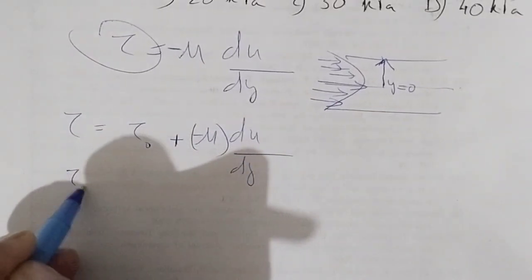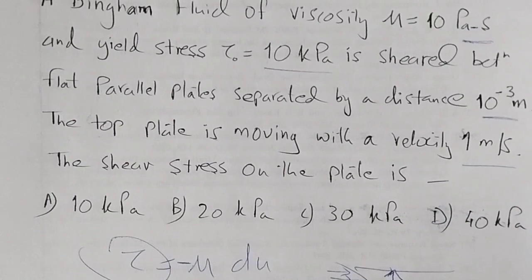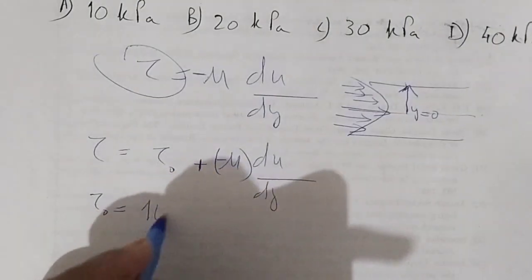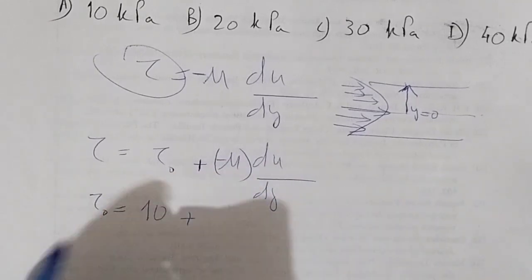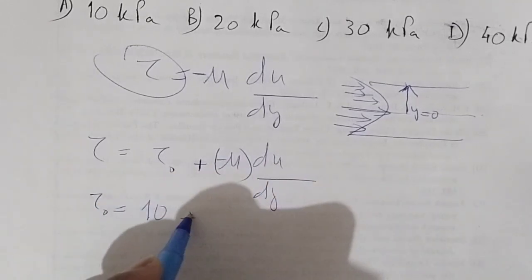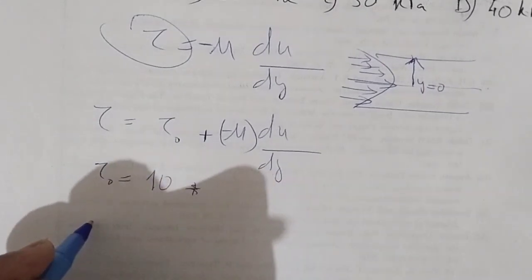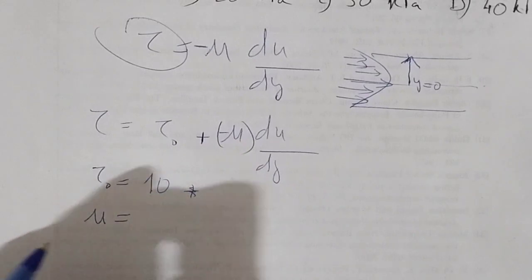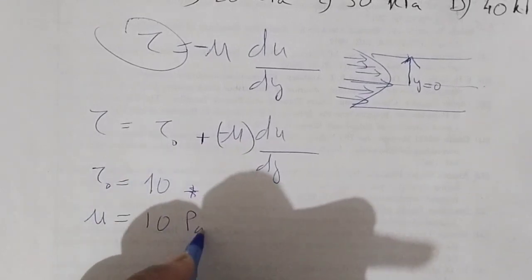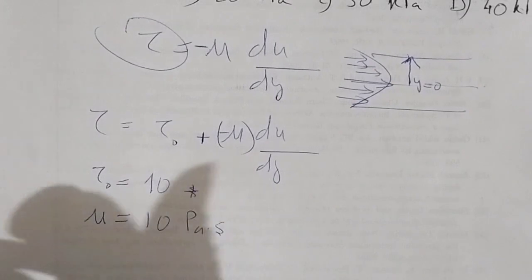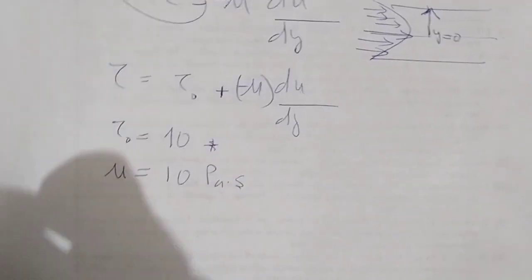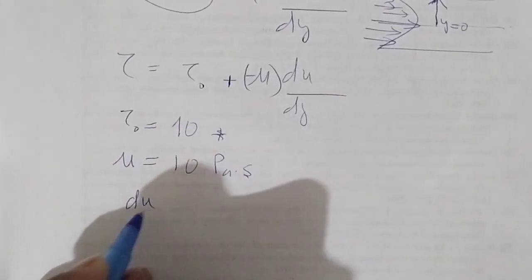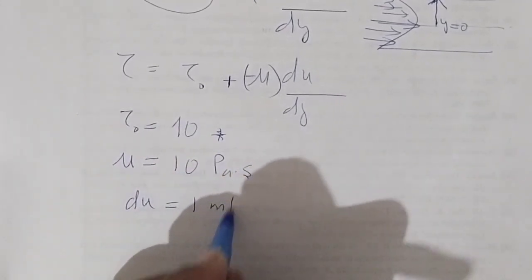Tau 0 is already given, which is yield stress, 10 kilopascal, plus viscosity is also given, which is 10 Pascal second. Du by dy, so velocity is given, which is 1 meter per second.